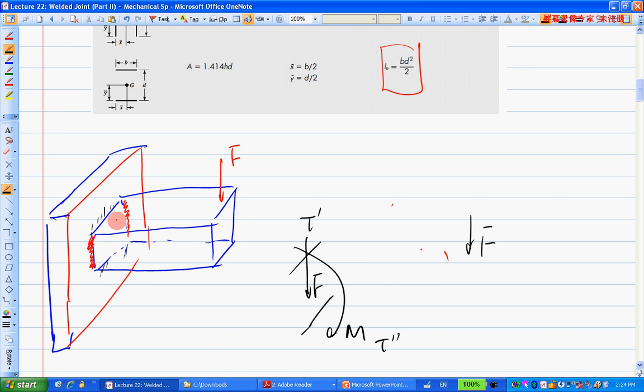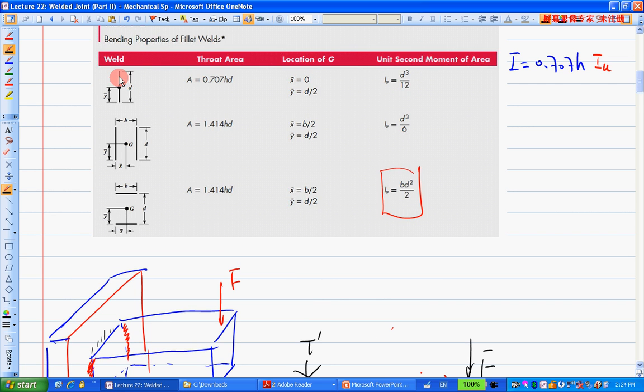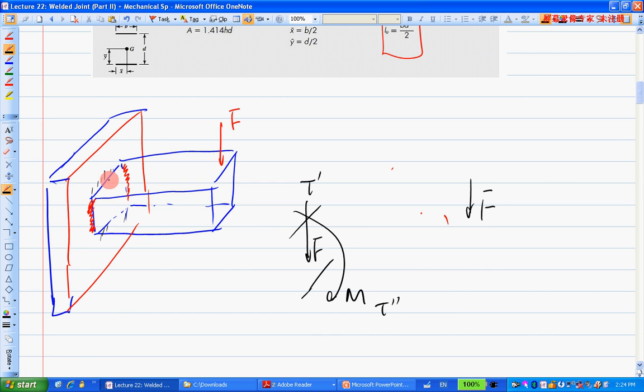But if it's just one bar like this, technically speaking, the bar should be somehow centered here. But I guess it's not going to be used on this geometry, on the welding of this bar and the member like this. Maybe it's going to be very thin.